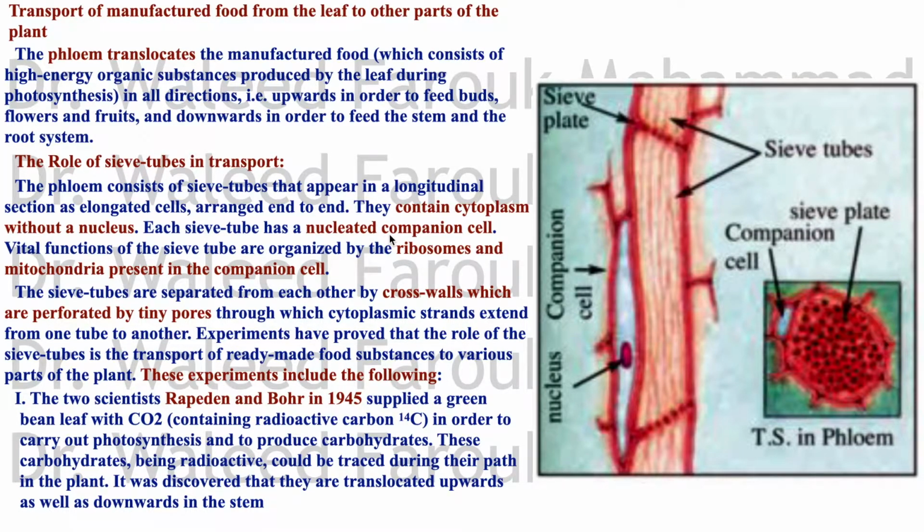Sieve tubes are cells, where these cells are connected end to end with each other, and have cytoplasm without a nucleus, and these cells are surrounded by companion cells. The companion cells have nuclei and ribosomes, and they control the sieve cells. Okay? They are connected end to end. The sieve tubes are separated from each other by cross walls.